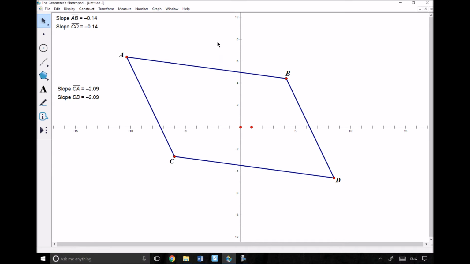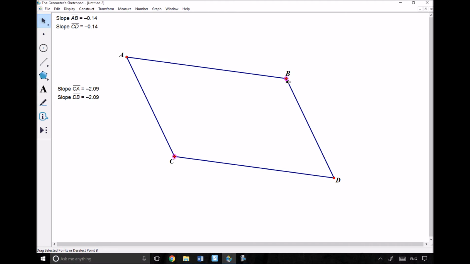Okay, so now I'm just going to hide this right here and these values as well. I'm going to create some diagonals. I have a diagonal CB here, and I'm also going to create diagonal AD right here. And I'm going to have an intersection point right here.